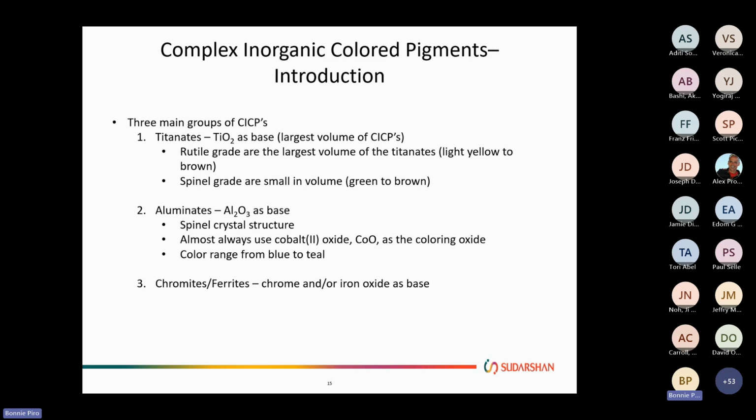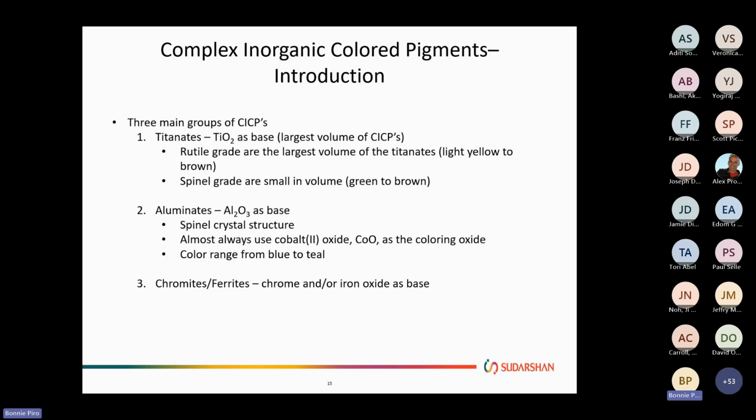So as far as the groupings, there are the subgroupings with respect to the titanates, aluminates, and chromites. The titanates are the biggest volume of CICPs that are out there. Within titanates, there's both rutile and spinel grades. The rutiles are the light yellows to browns. The spinel grades are greens to browns.